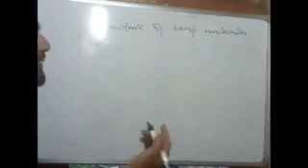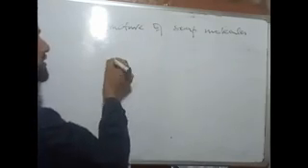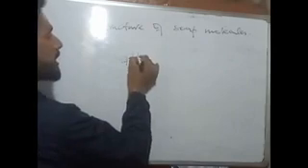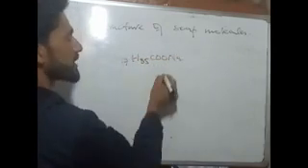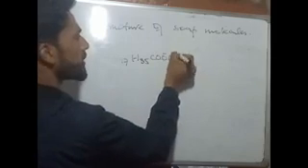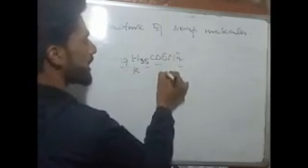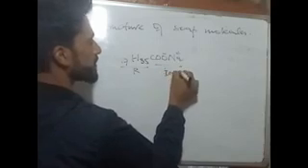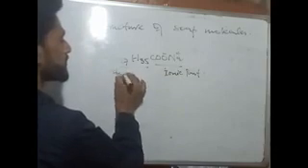As we know, soap contains two parts: one is the alkyl part and another is the ionic part. Just like sodium stearate, it is C17H35COONa, COO negative and Na positive. This is the R part and this is the ionic part. This is the hydrocarbon part.